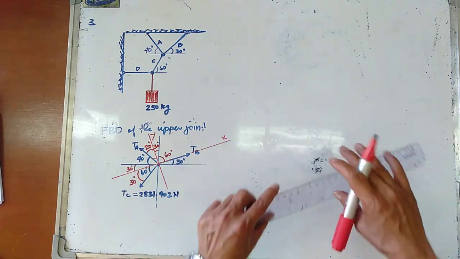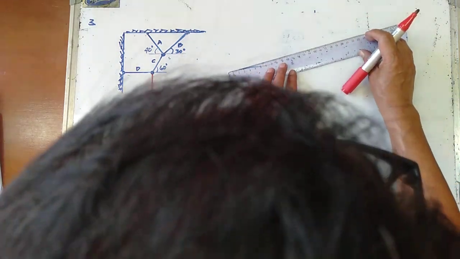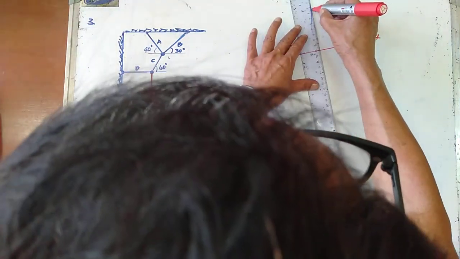Now, I will write this in here, so that this is your x-axis and this is your y-axis.